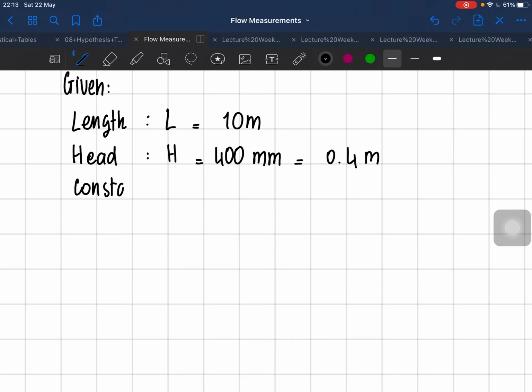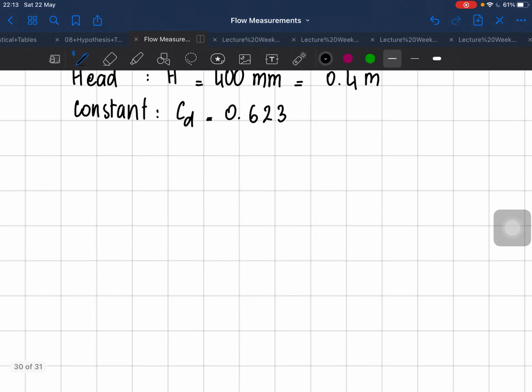And the constant CD equals 0.623. Yes, that's it.